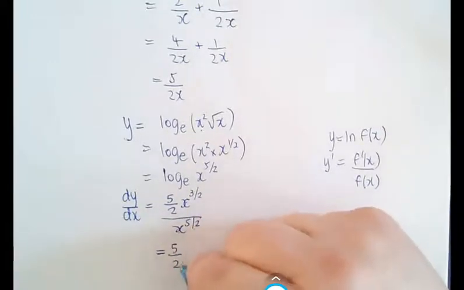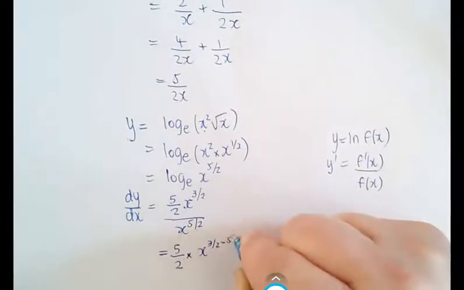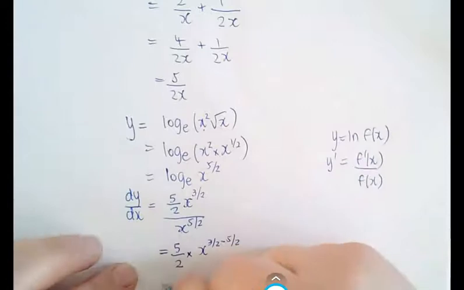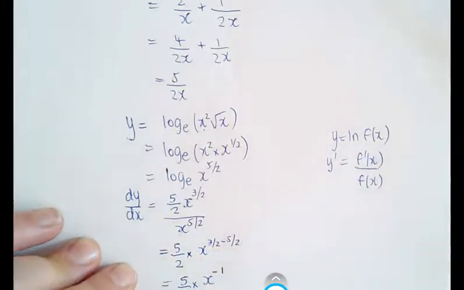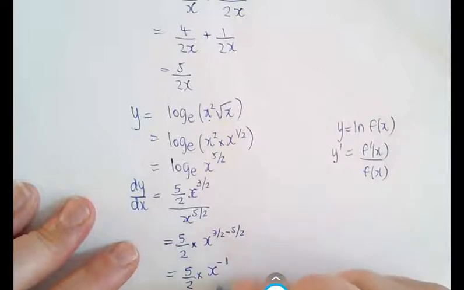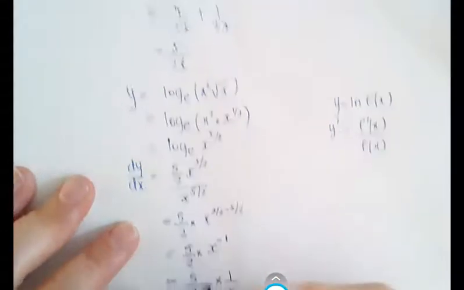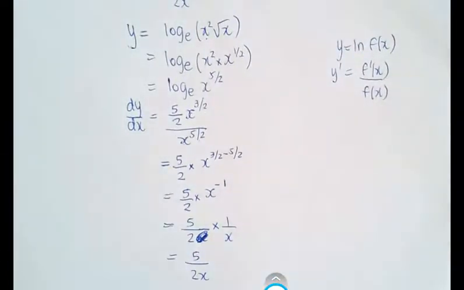So I've got 5 on 2 times x to the 3 on 2 minus 5 on 2. I'm subtracting these indices, so I've got 5 on 2 times x to the power of negative 1, because that's 1.5 minus 2.5. If I've got x to the power of negative 1, that is an x just on the denominator. Or you could think of it as 1 on x, which just puts my x on the denominator, so it's 5 over 2x, which is what I had before.